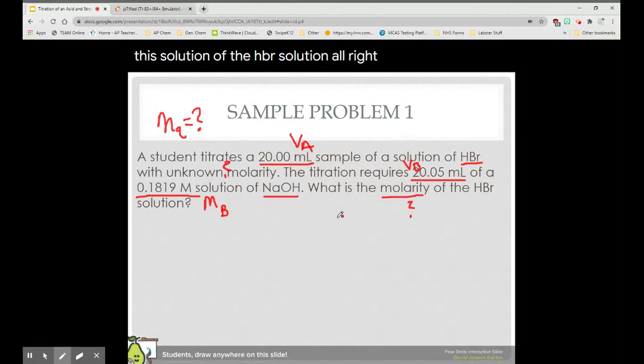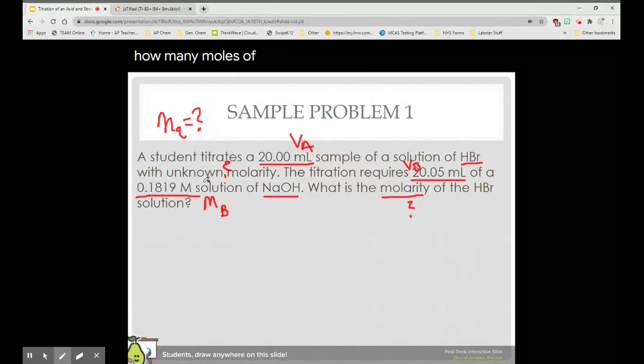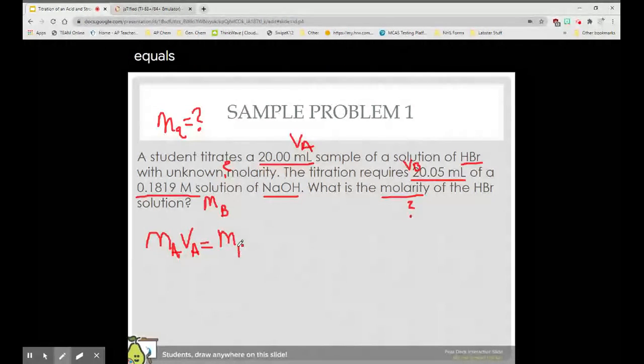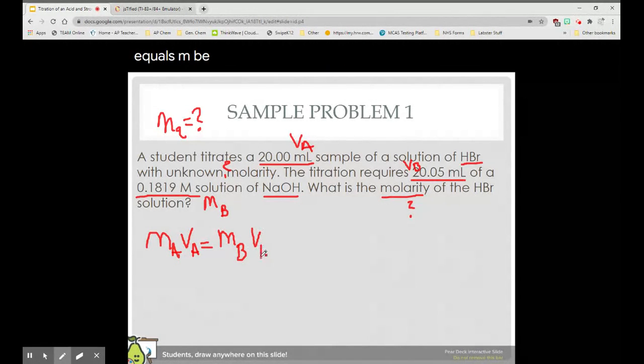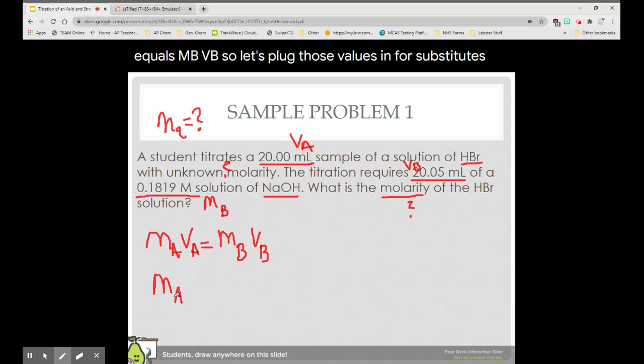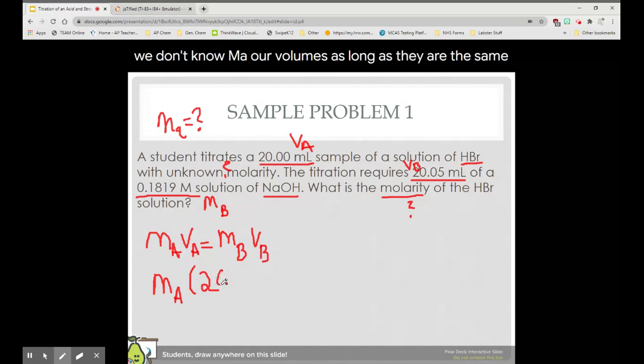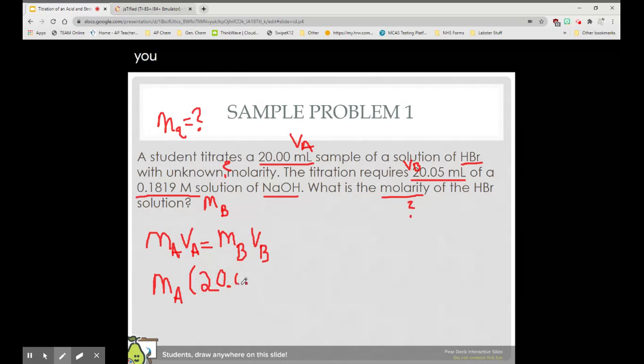All right, so we need to know how many moles of acid we had, and we can use our MAVA equals MBVB. So let's substitute those values in. We don't know MA. Our volumes, as long as they are the same unit, can match.